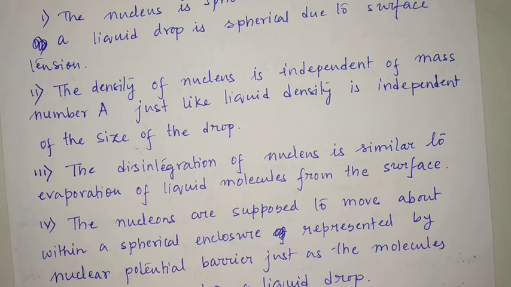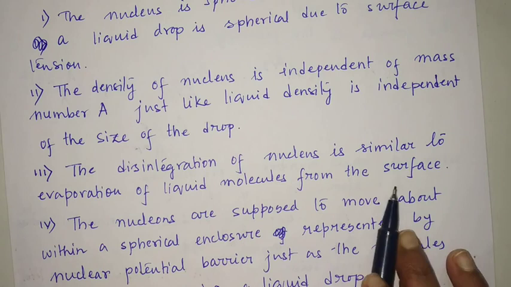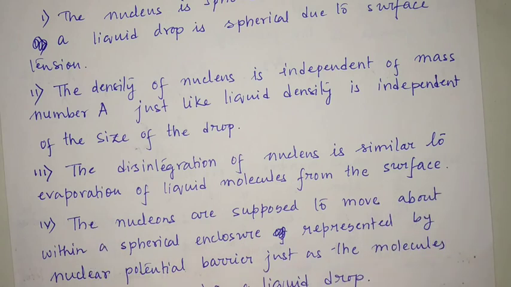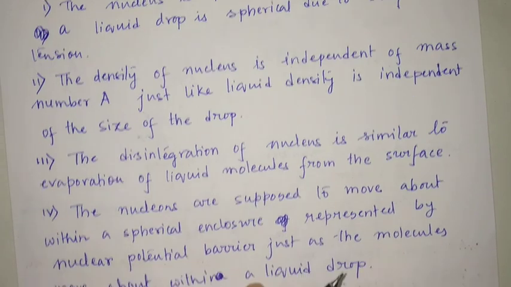In a radioactive nucleus, the nucleons leave the nucleus just the way liquid molecules leave the liquid surface during evaporation. So this is one more similarity between a drop of liquid and the size and shape of the nucleus, and how the nucleus is built.